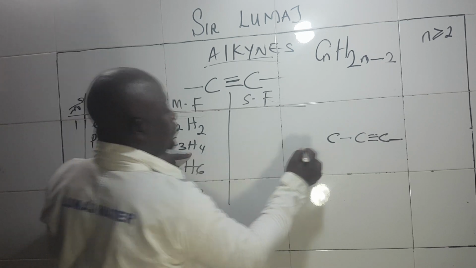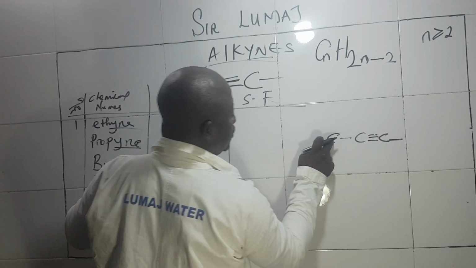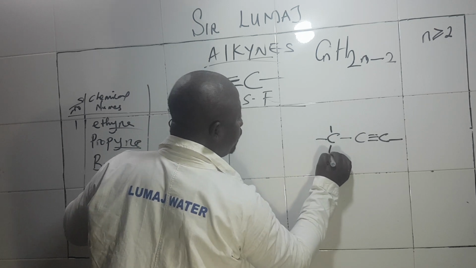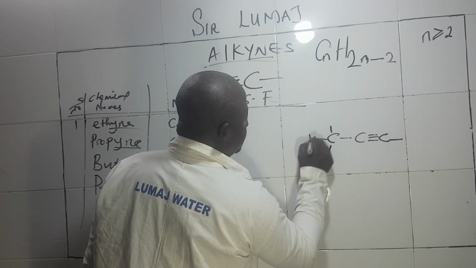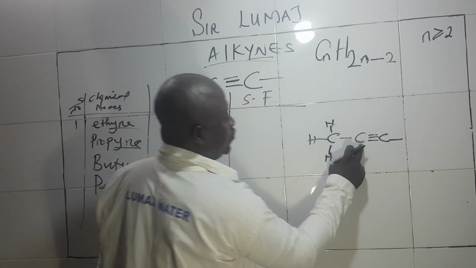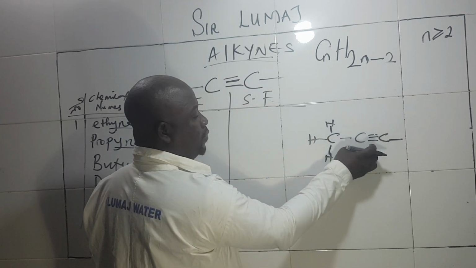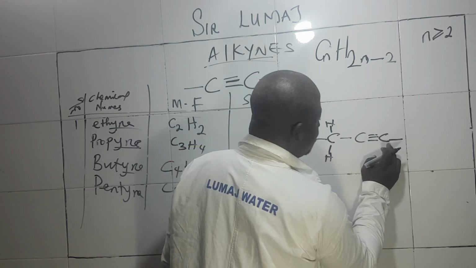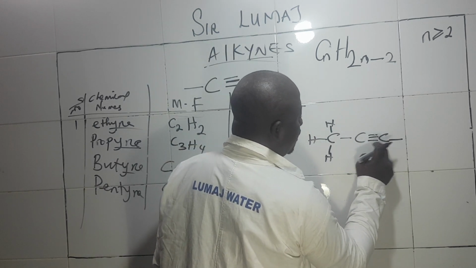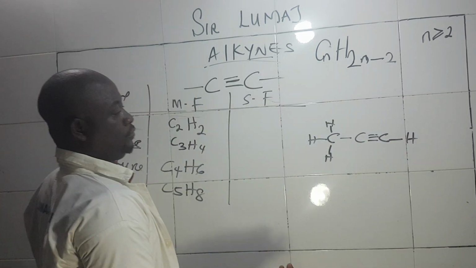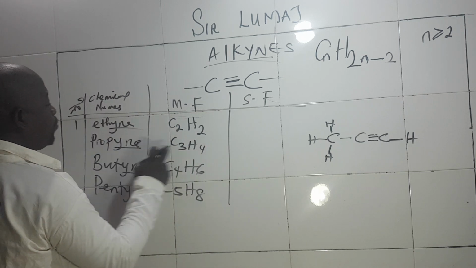Then your hydrogen: 1 to this carbon, 2, 3, 4. 1, 2, this is complete now. 1, 2, 3, 4. So you are not adding anything again. The bonds are already completed. So you come to this one also: 1, 2, 3, 4. You add hydrogen. That is for your propyne.